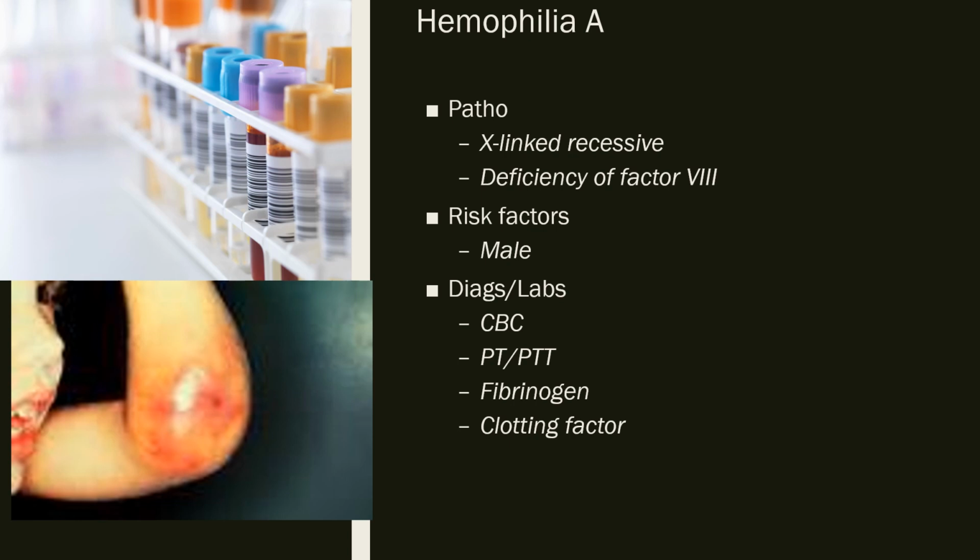So you just keep bleeding. The diagnostics and labs that we're going to do are a CBC to look at platelets. We're going to look at PT-PTT, fibrinogen, and the clotting factor.